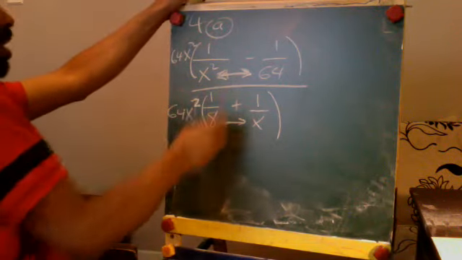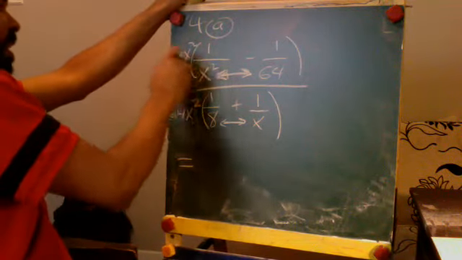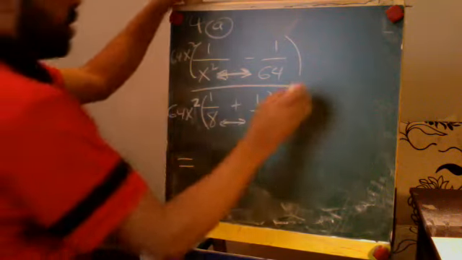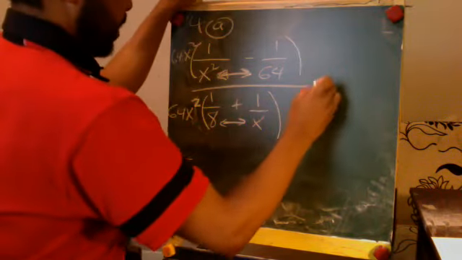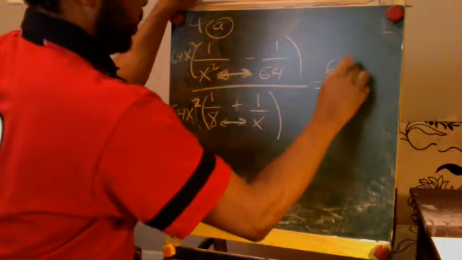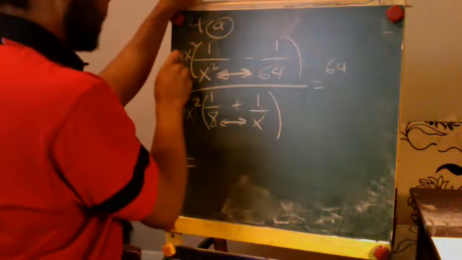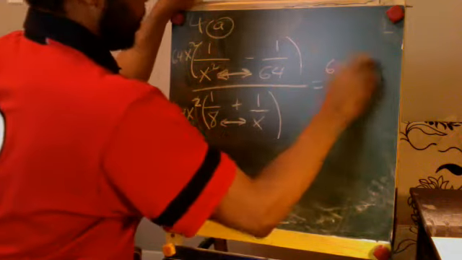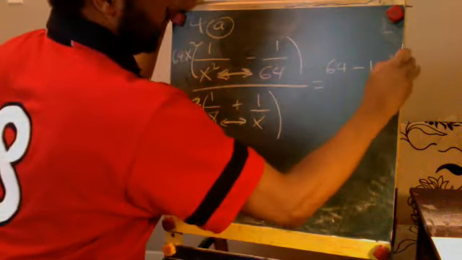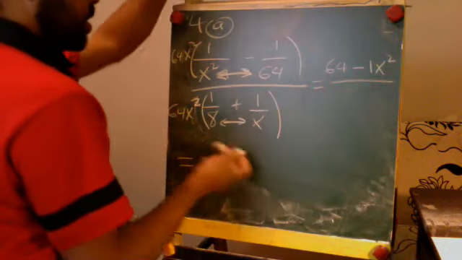So when you multiply now, this 64x squared is going to kill the x squared in the denominator. So that's basically going to give me a 64 here. And the 64x squared is going to kill the 64, so that's going to just leave me with the 1 over x squared, right? All right, and so that's what I have on the top.